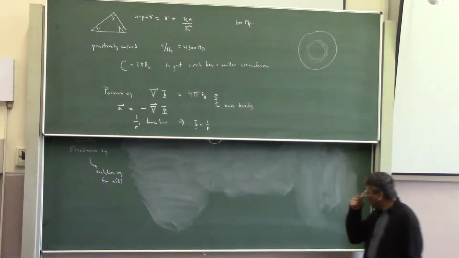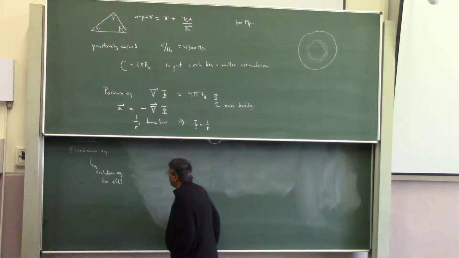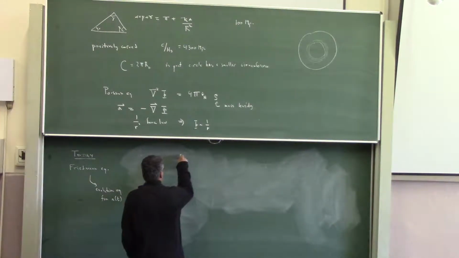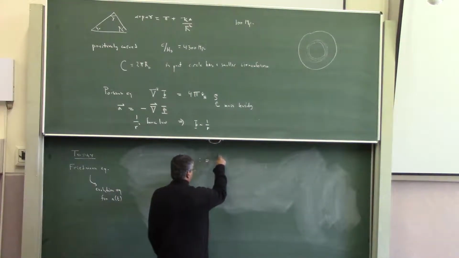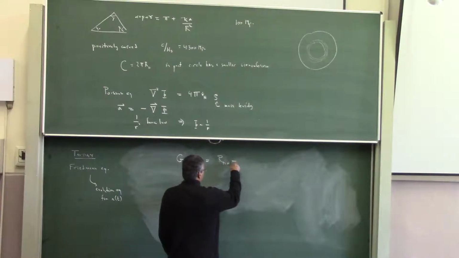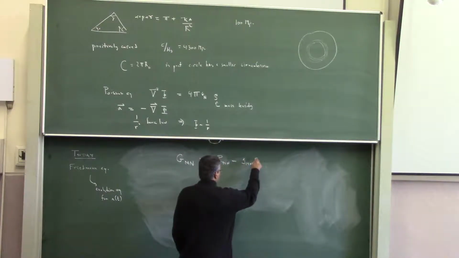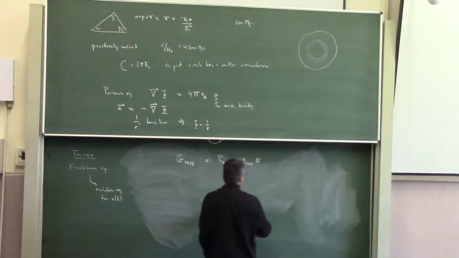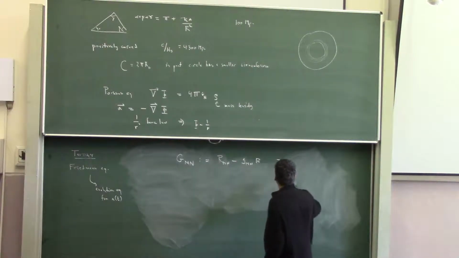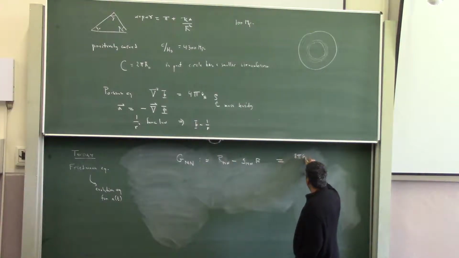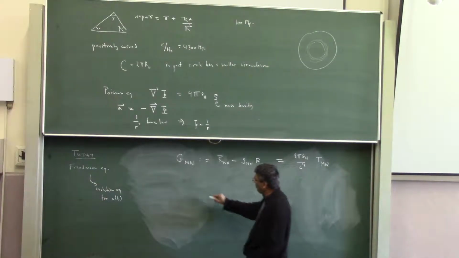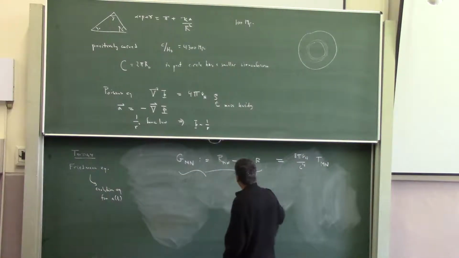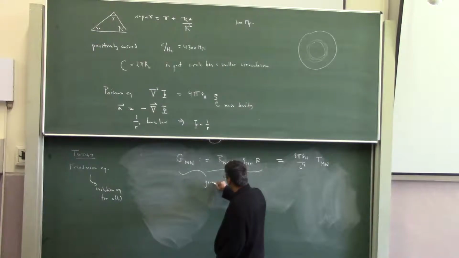So the Einstein equation is a tensor equation which tells us that G_mn is defined as R_mn minus (1/2) g_mn R. So this is the left-hand side. And this is equal to the right-hand side, which is 8 pi G Newton over c to the 4th T_mn. Okay, so the important point on the left-hand side is these are geometric quantities.